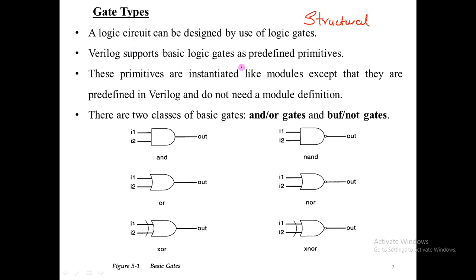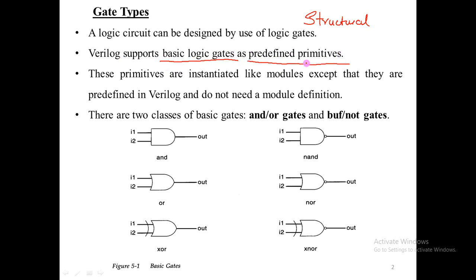Verilog supports basic logic gates as predefined primitives. Let me throw more light on it. Verilog supports basic logic gates, and these basic logic gates have been used to define predefined primitives, which are already inbuilt.